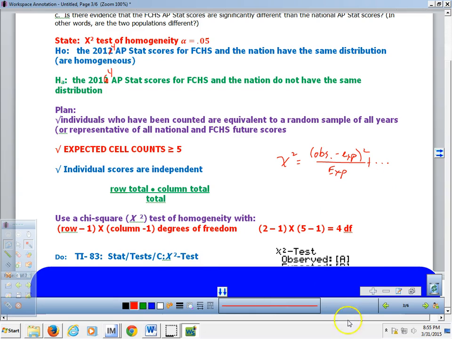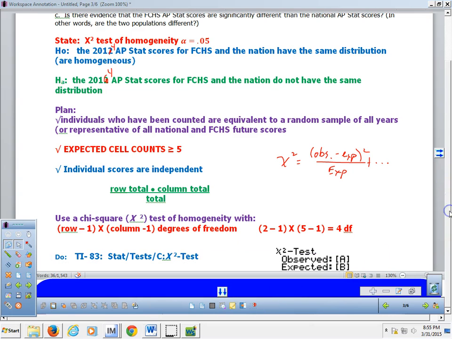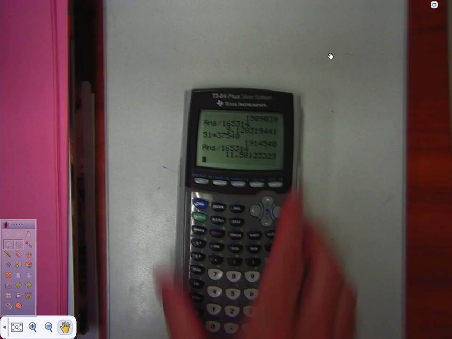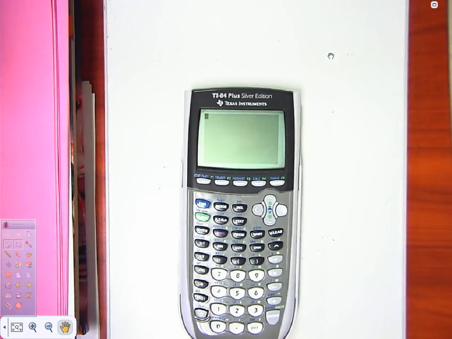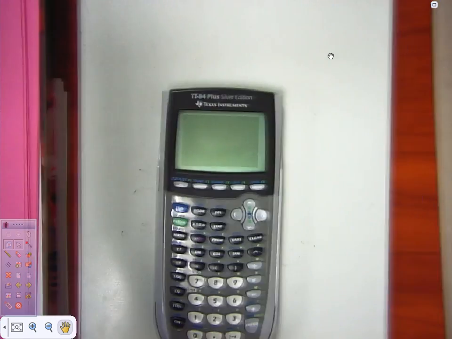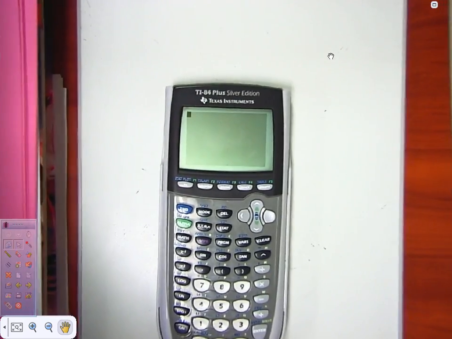Well, you can see here that we have to get into matrices in your calculator. So let's take a look at that real quick so that you can do your homework. If we're going to run a chi-square test, we're going to have to create a matrix. How do we do that?